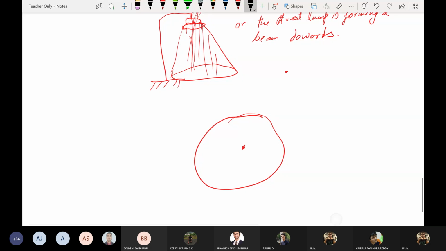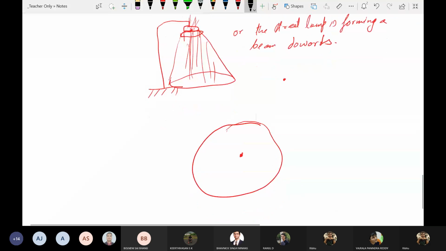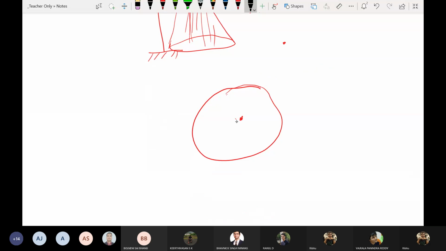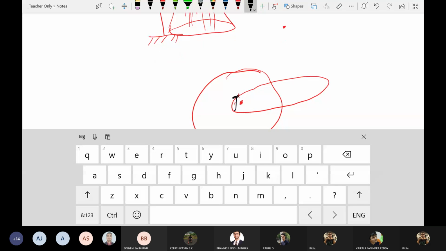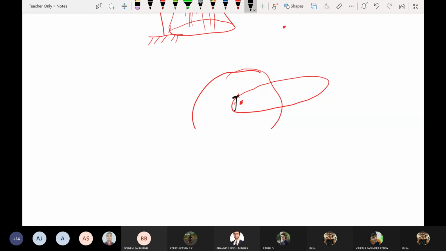So I would want the antenna beam pattern to look somewhat like this. This is what I would want. You guys agree?